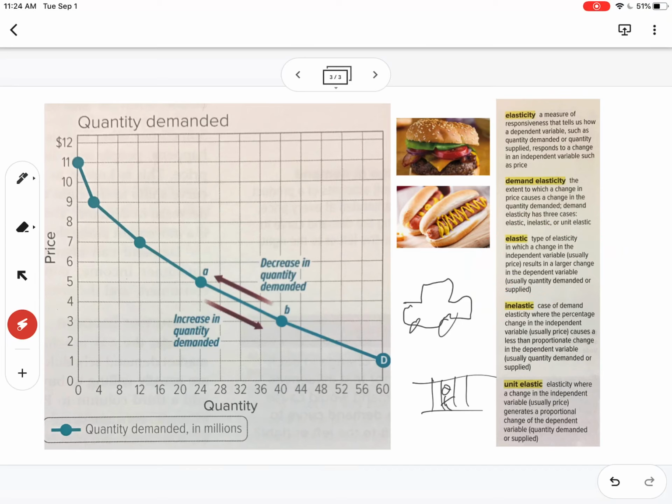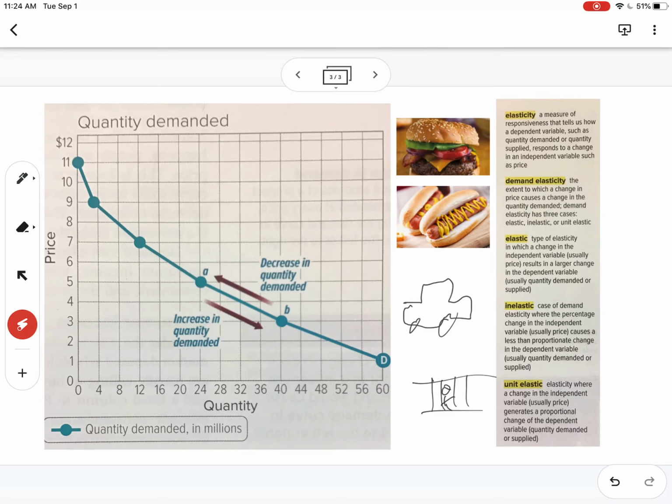So hot dogs and hamburgers are elastic products. If the price increases, that affects how many you're going to buy, or how little you're going to buy, I should say. Because if the price of a hamburger goes up to $25, I'm not buying any hamburgers. So a hamburger and hot dog are examples of elastic products.